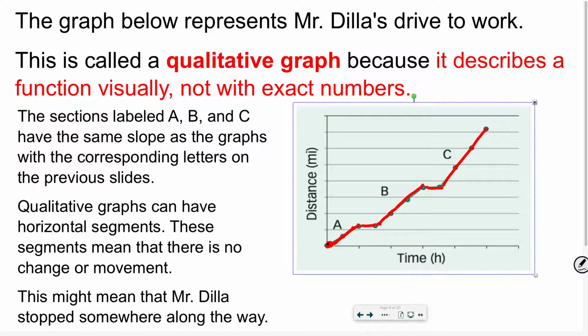What's happening to time? Is time passing on that horizontal, from the first point to the next point of the horizontal? Yes. Is his distance changing? No. So what's happening? Yeah, a stoplight. That would be a good option. He could be at a stoplight.